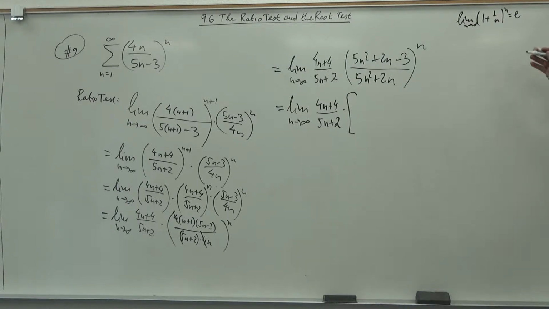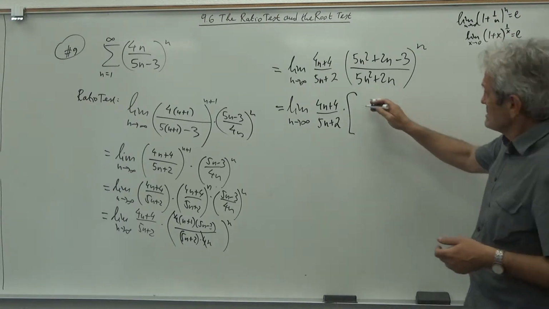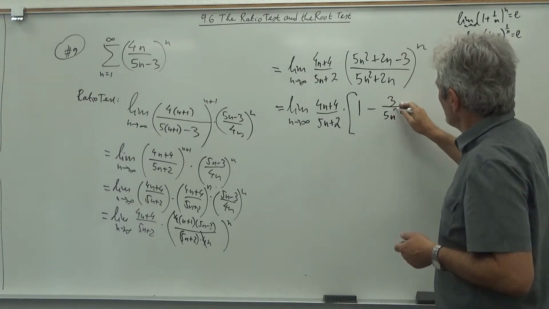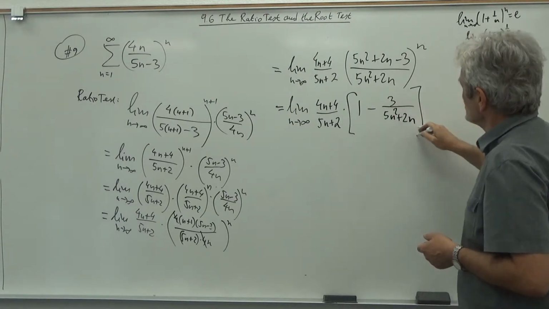Although it's not going to be n, so maybe more from calculus 1: whenever x is a small number, (1 plus x) to the 1 over x equals e. That's the same thing, because that x stands for 1 over n, then we get reciprocal. So I will write here 1 minus 3 over (5n squared plus 2n).